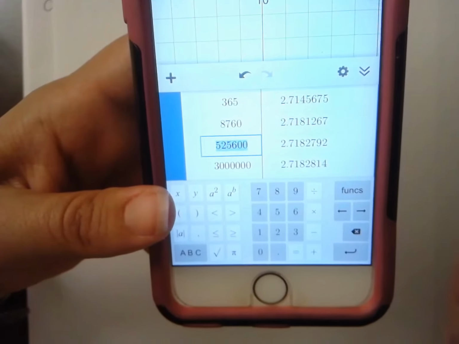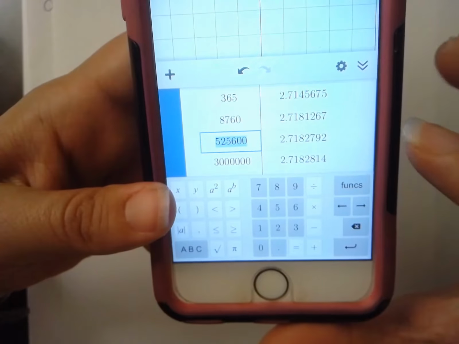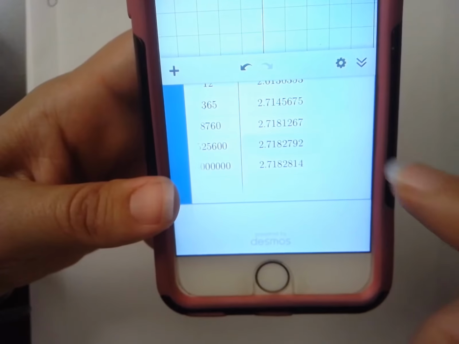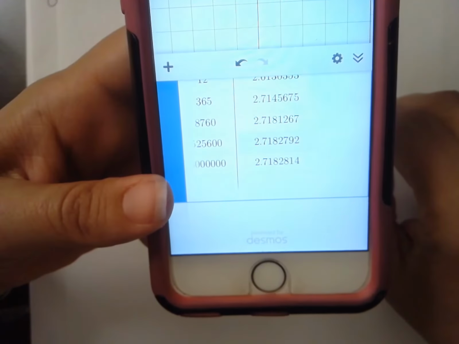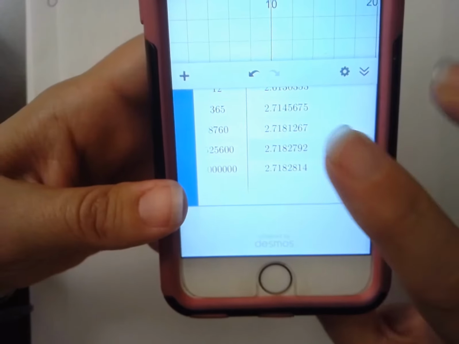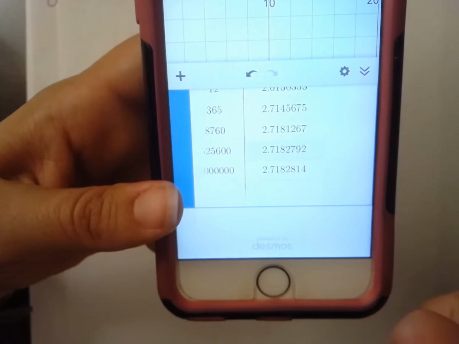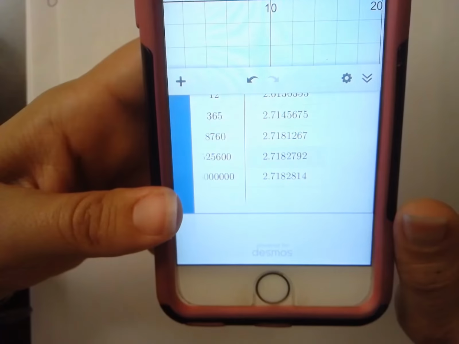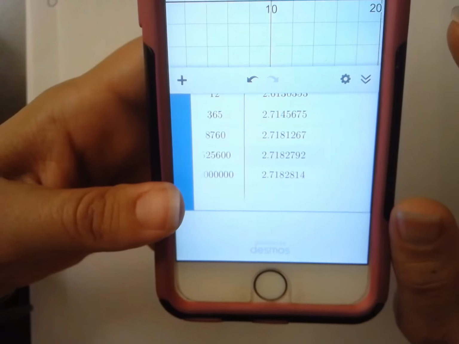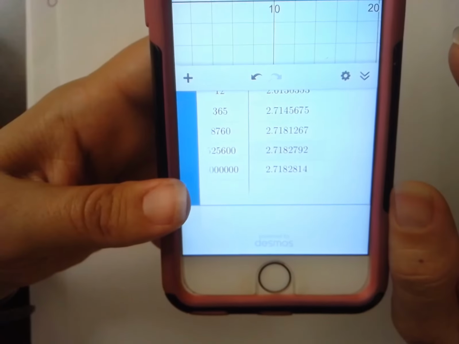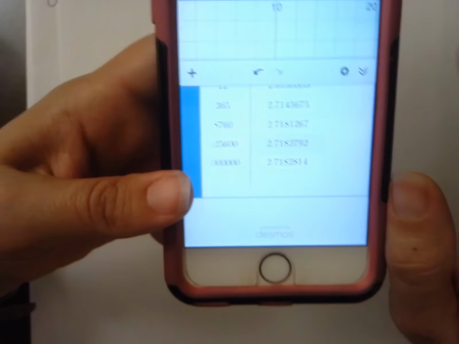Well, technically it would be 3 if I rounded it up with the 7. But then when I go to this 3 million, you notice my y values seem to have basically stopped. They're going up a tiny bit, but they just keep agreeing at more and more places. What that means is that I really have a horizontal asymptote here. I keep getting closer and closer to some weird number that's like 2.718 something, okay?